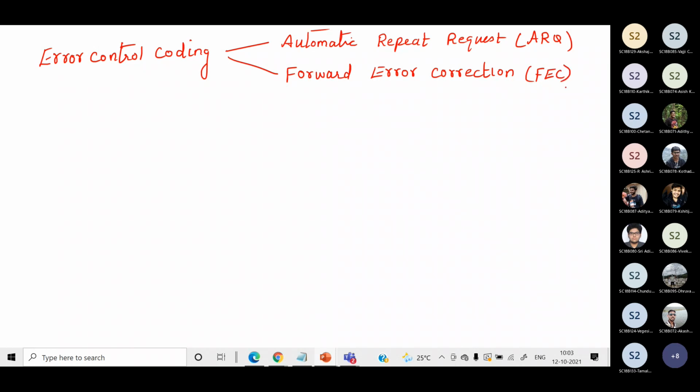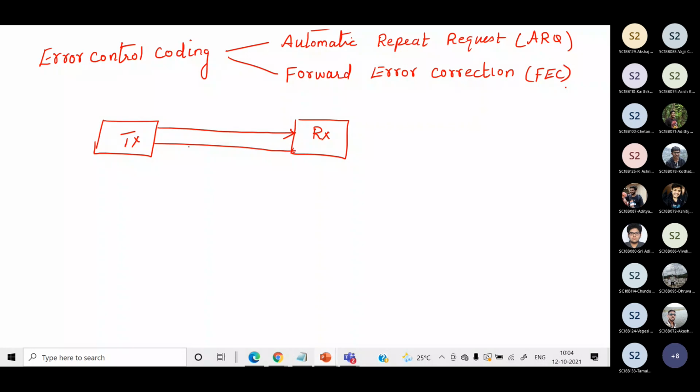In automatic repeat request, if any error is found at the receiver, first it will detect the error, and then ask the transmitter to retransmit that packet. To have this ARQ, I need two-way communication between the transmitter and the receiver. That is, one is a forward link and another is a reverse link.